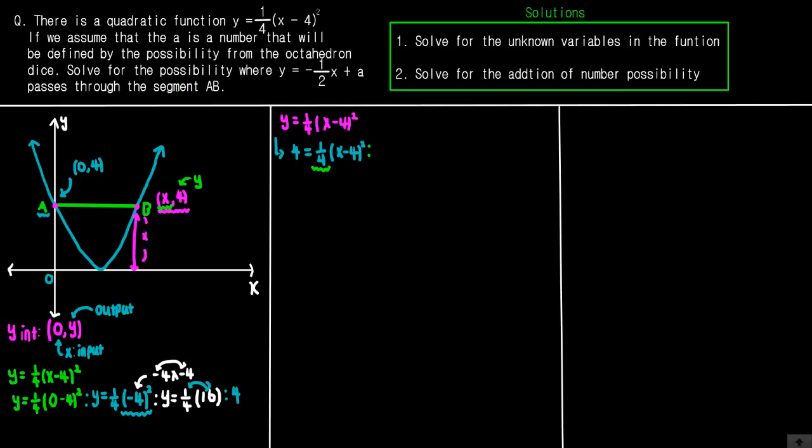So if you multiply by 4, it is going to be 4 times 4, which is equal to 1 over 4 times 4, which is just 1, times (x minus 4) squared. So if we finish our calculation, 4 times 4 gives us 16, and that is equal to (x minus 4) squared.